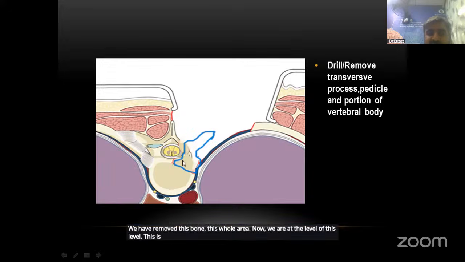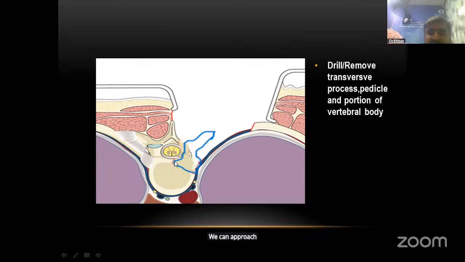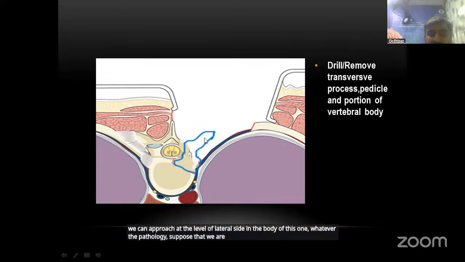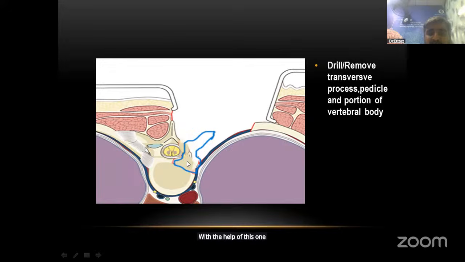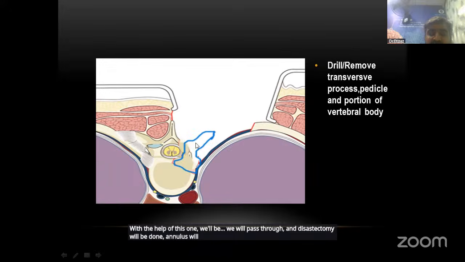This is the lateral side, the area of the lateral disc. We can approach the midline soft disc through here. We can approach at the level of the lateral side in the body. Whatever the pathology, suppose we are doing the disc, we will pass through with the help of this, the annulus will be incised, and discectomy will be done, and you will do all the things in this way.